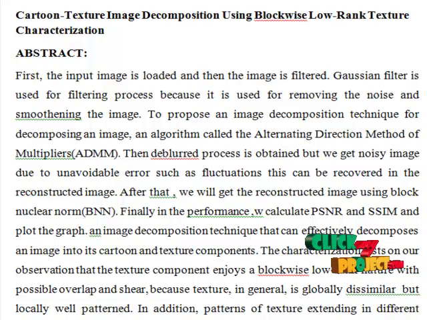Then the image decomposition problem was successfully solved by ADMM. After that, in the deblurred image, some noise was there due to fluctuations. Then it is recovered by the reconstructed image. And finally, the performance is better and we plot the graph.